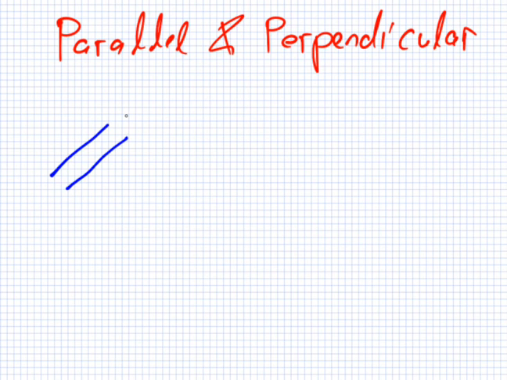Some people might know these words already. Does anyone know parallel? No? Yes? What's parallel, so? Like railway tracks, yeah. So what would you say about parallel lines? Same gradient, true, yeah. As you said, like train tracks.